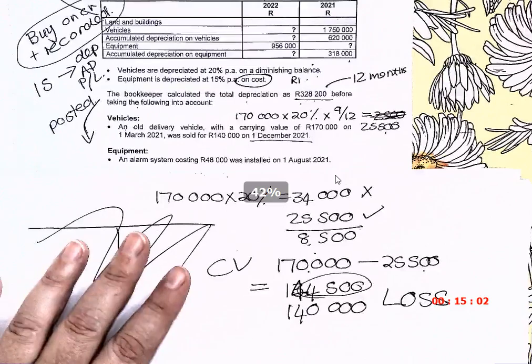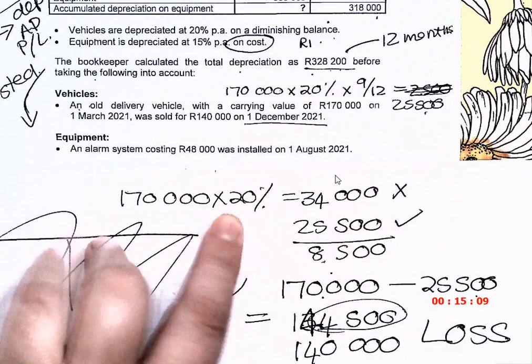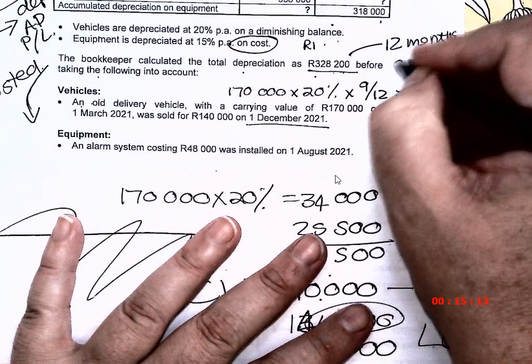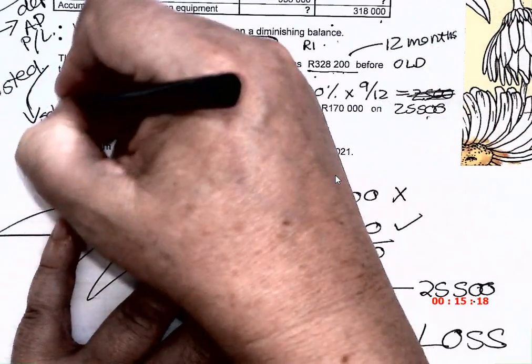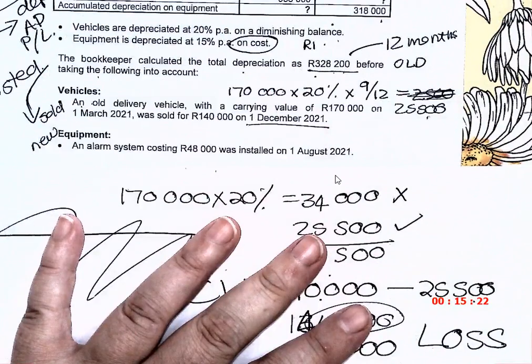So, if I look at the memo, what is assumed here is he worked out the old. That's what we assumed. He worked out the old, but we still need to do the sold and the new. You agree with me?